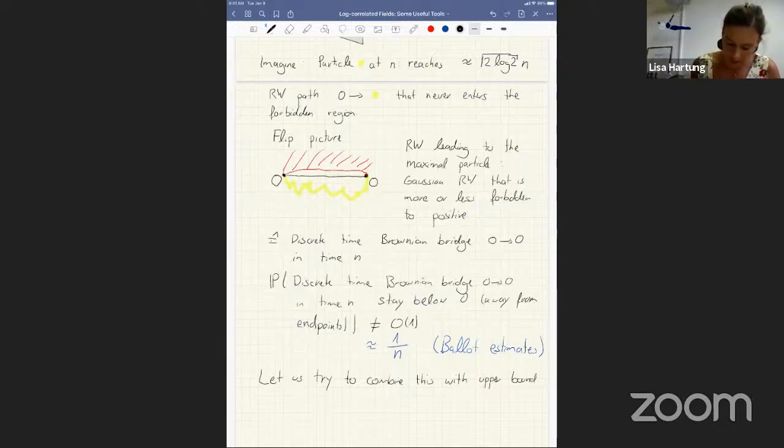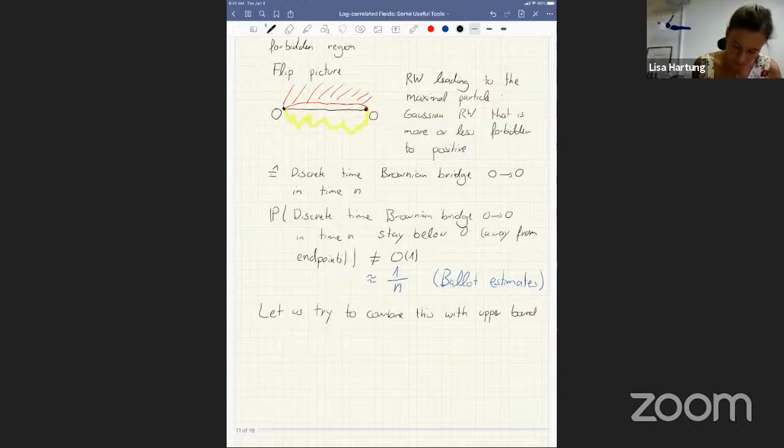Right, so yesterday we were just looking at the probability that the maximum over all values at n is larger than essentially square root 2 log 2 n.